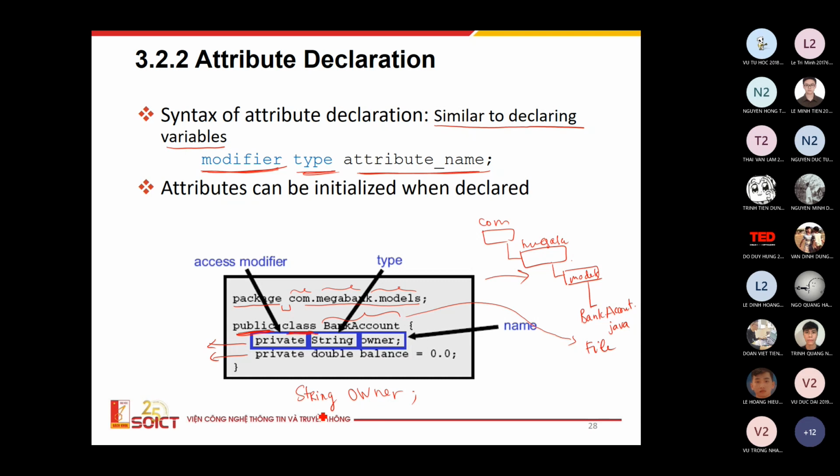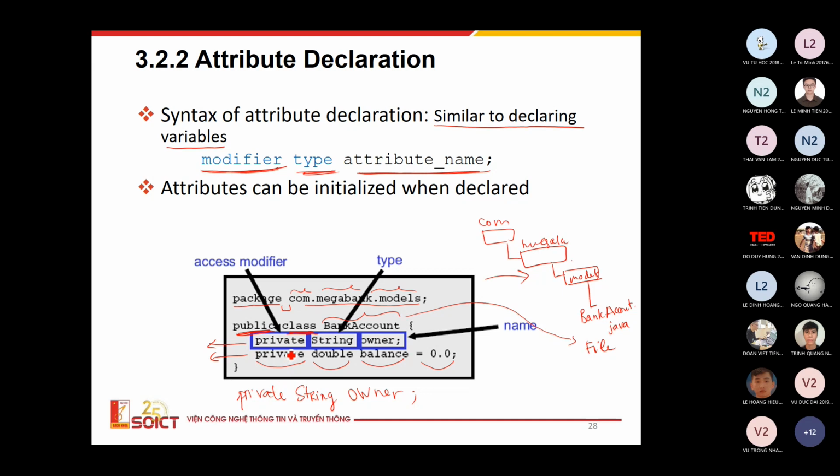This looks like a variable, but it has the modifier before it, private. The second attribute is balance, of the double type, and you assign the first value 0.0. Balance has the private modifier also.